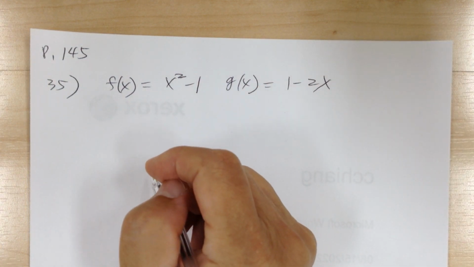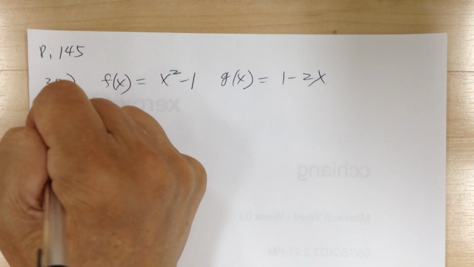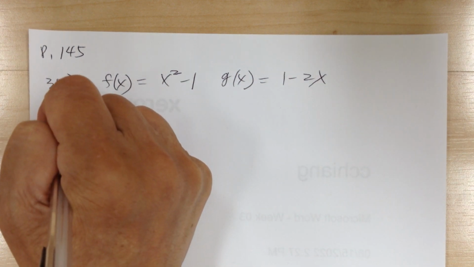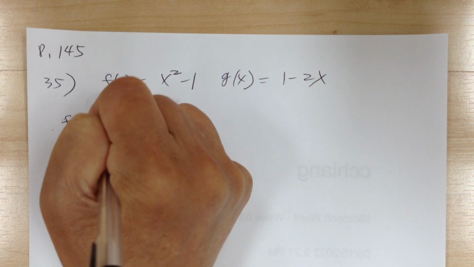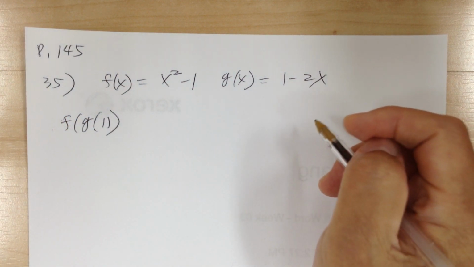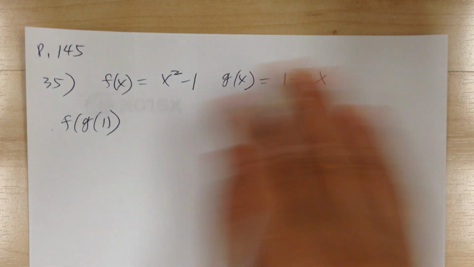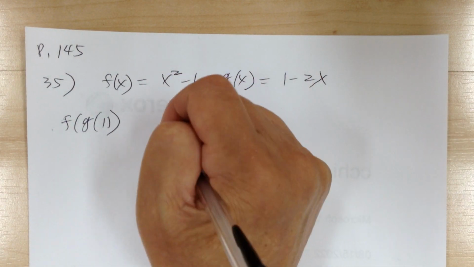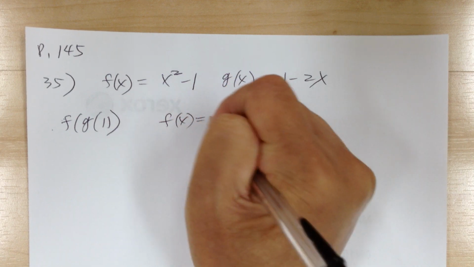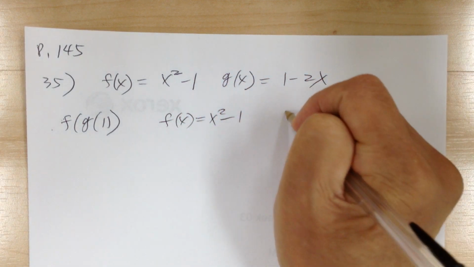Number 35 has two parts. Let's do the first one: f of g of 1. When you're doing this kind of problem, you need to get 3 columns. These are given, but write it again, and just get 3 columns ready so you have room to work underneath.